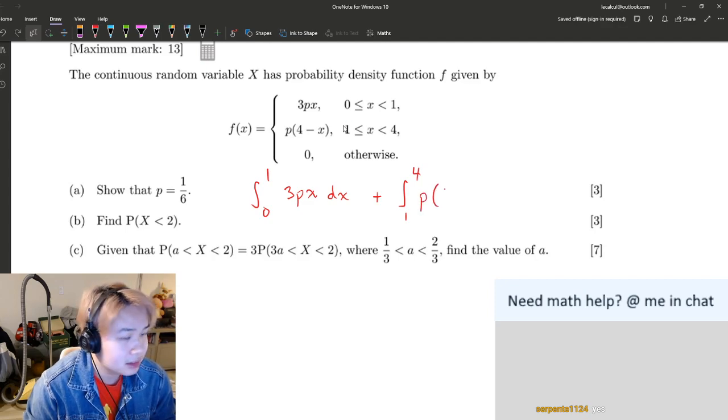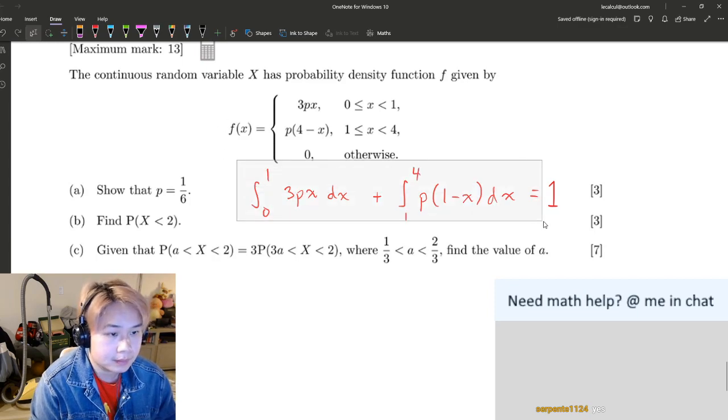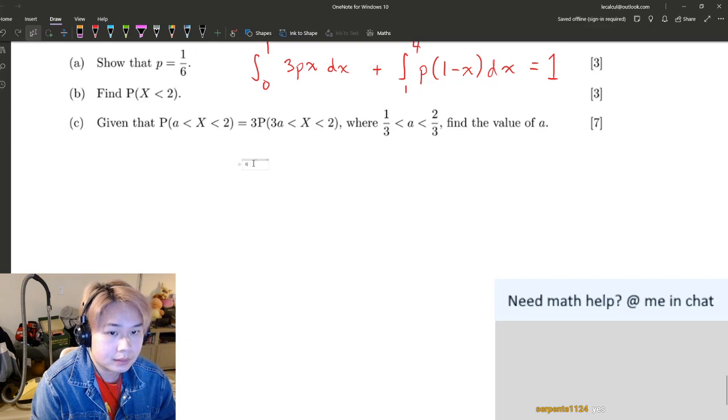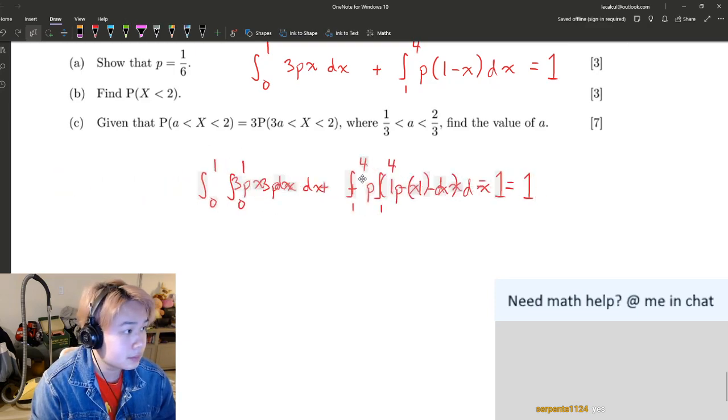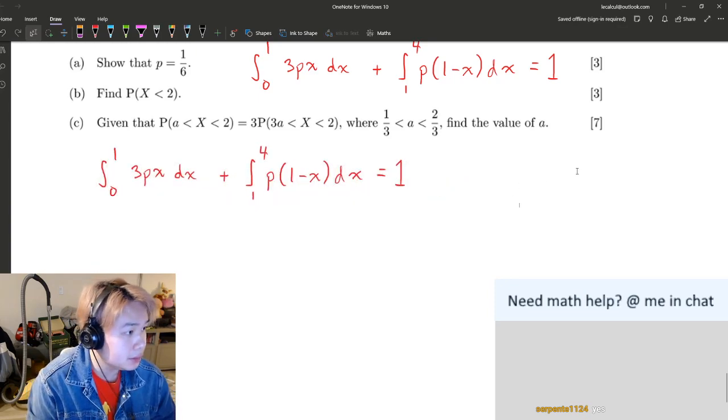I guess not. And we know that it should be 1. And these are both pretty easy to integrate.